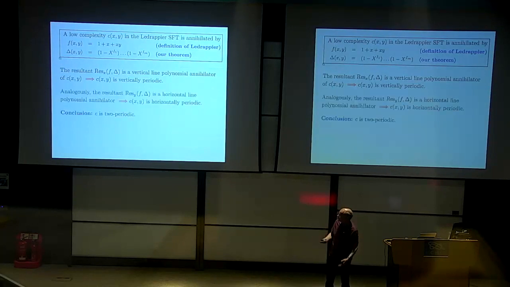And you can do the same in the other direction. You can eliminate variable y, and then you get a horizontally periodic configuration. So your configuration is doubly periodic. That was what I wanted to prove, just as an example of how we might use this nice special annihilator that you are guaranteed to have.